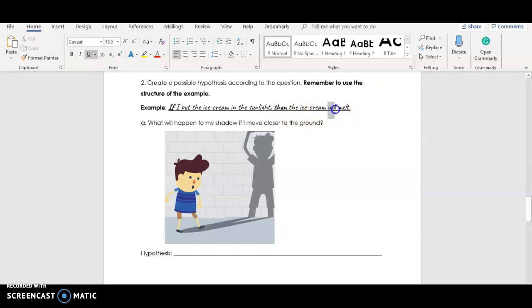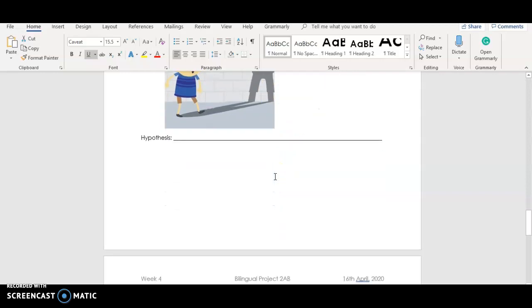Remember to put in the possible result will. Then the shadow will get bigger. Then the shadow will get smaller. Then the shadow will disappear. Those are possible results.